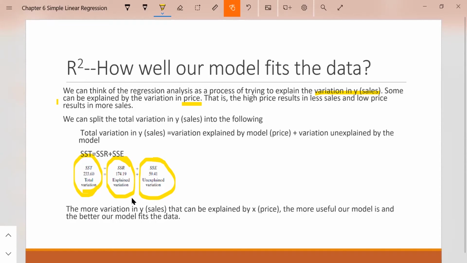And therefore, in terms of our model, the more variation in sales that can be explained by price, the better our model will fit the data, because we got the right variable. We got the right model to explain the variation in sales.